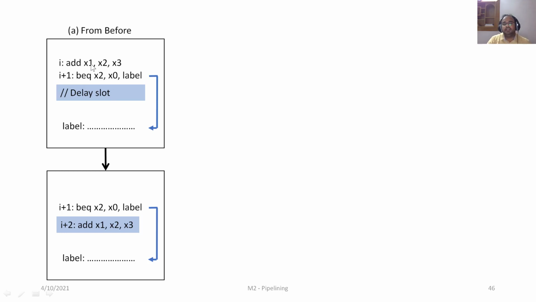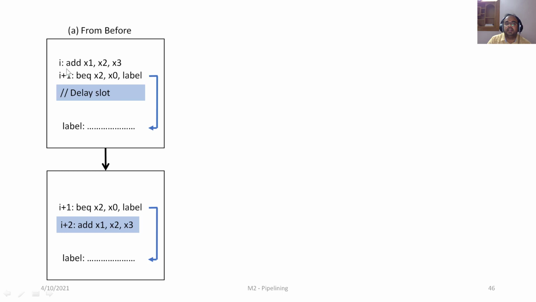The second one is the value of x1, which is not being changed, whether the branch is taken or not taken. Obviously it is not changing, right? So even if we had taken the branch, maybe somewhere within the BEQ and the label, let's say we are using x1, that value is again given by the ith instruction. So even after I move it to the delay slot, it will still be the same.